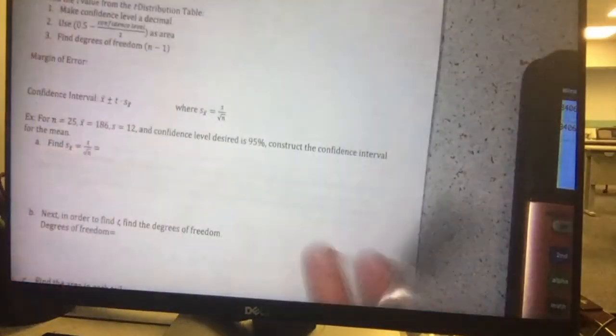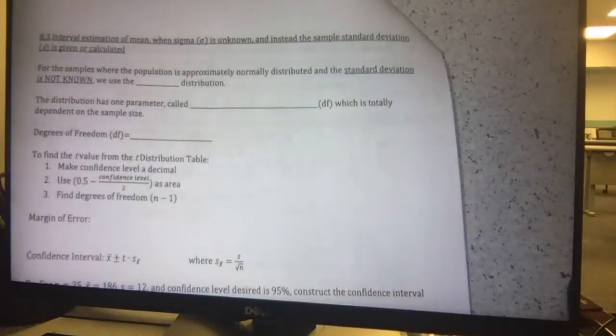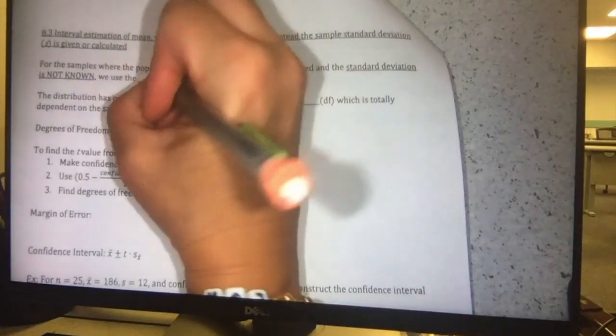Let's keep going. Our next little topic is 8.3, which is interval estimation whenever sigma is unknown. Remember, 8.2 is about whenever we knew sigma. This is about when sigma is unknown, and instead the sample standard deviation is given or calculated. For samples where the population is approximately normal and the standard deviation is not known, we are going to use the t distribution.